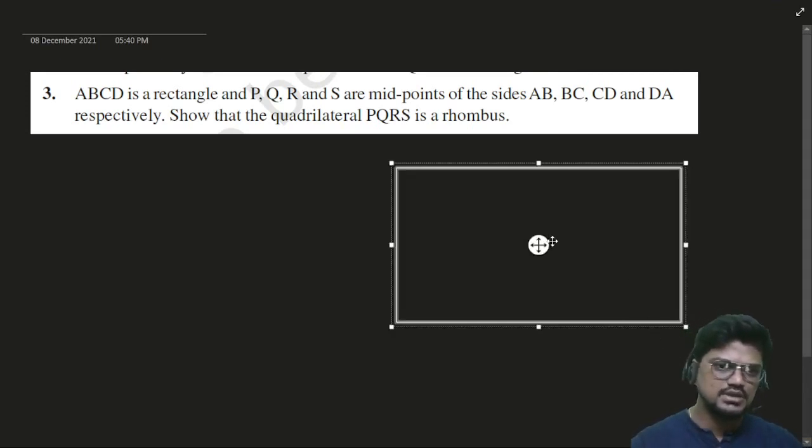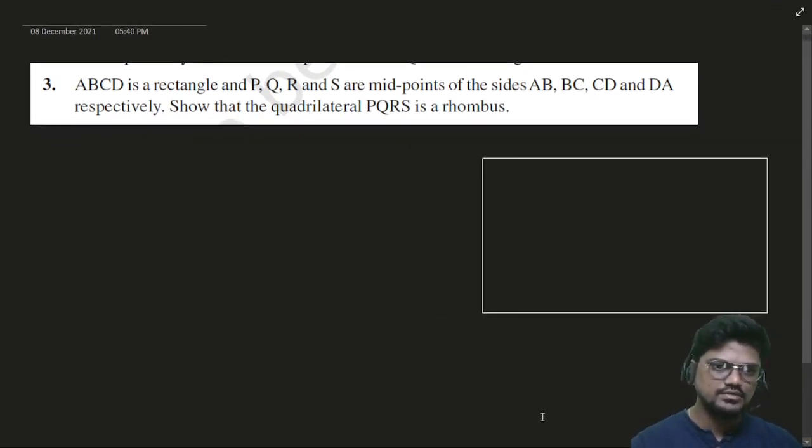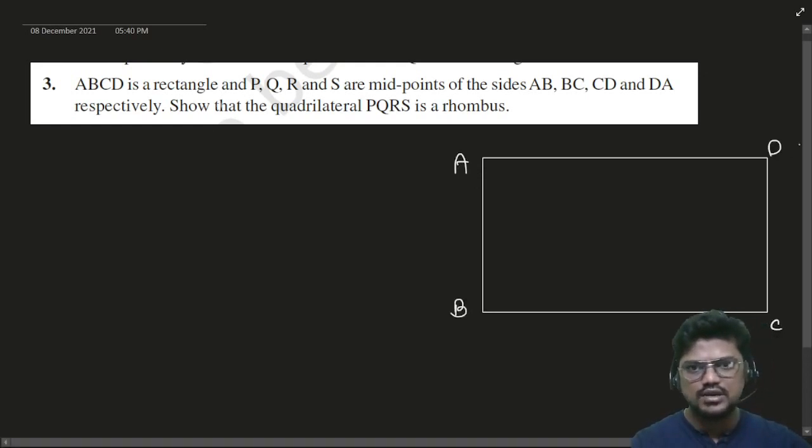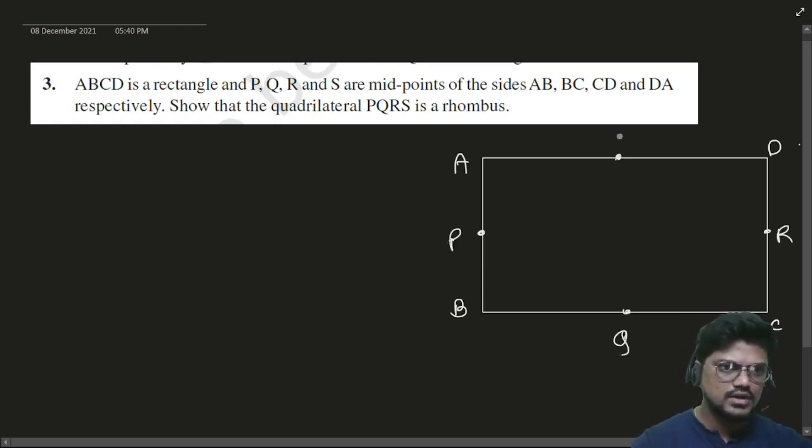See over here, ABCD is a rectangle. And PQRS are the midpoints of the sides AB, BC, and so on.